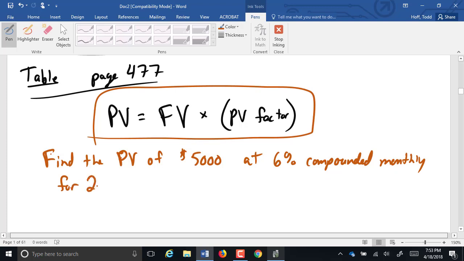So our rate per period is 6% divided by 12 because it is monthly. That is 0.5%. Our number of periods, 12 per year times 2 years, is 24 periods.